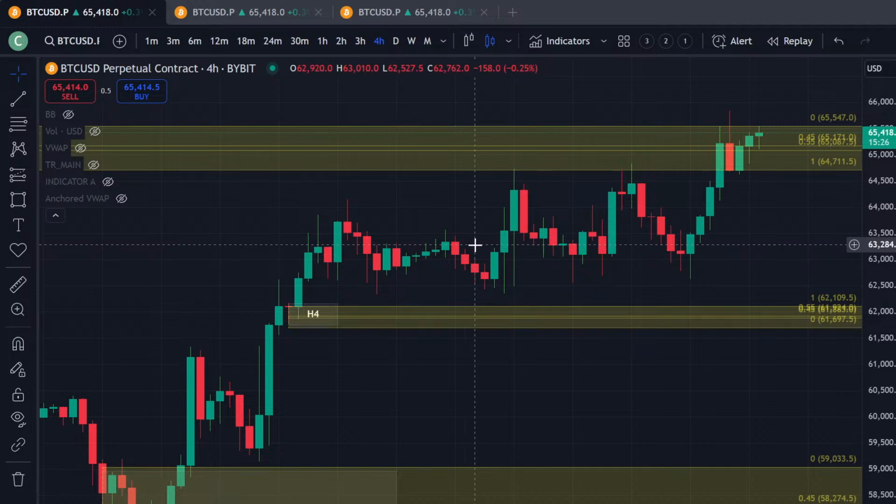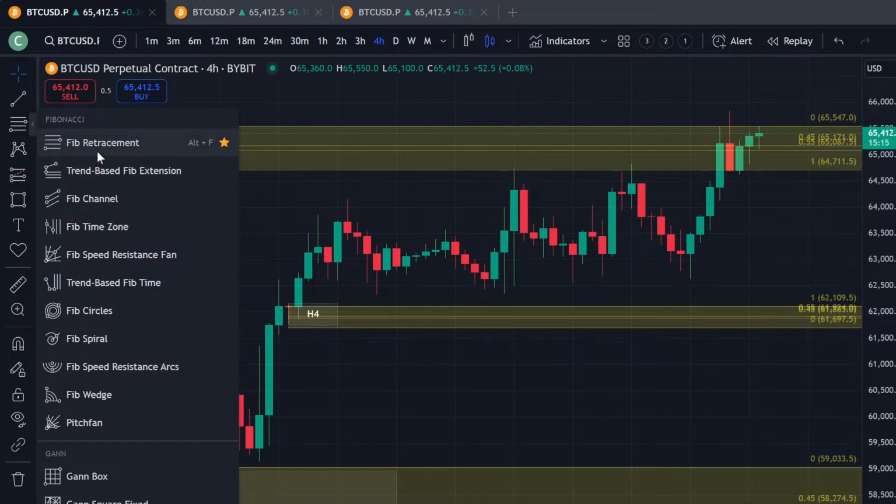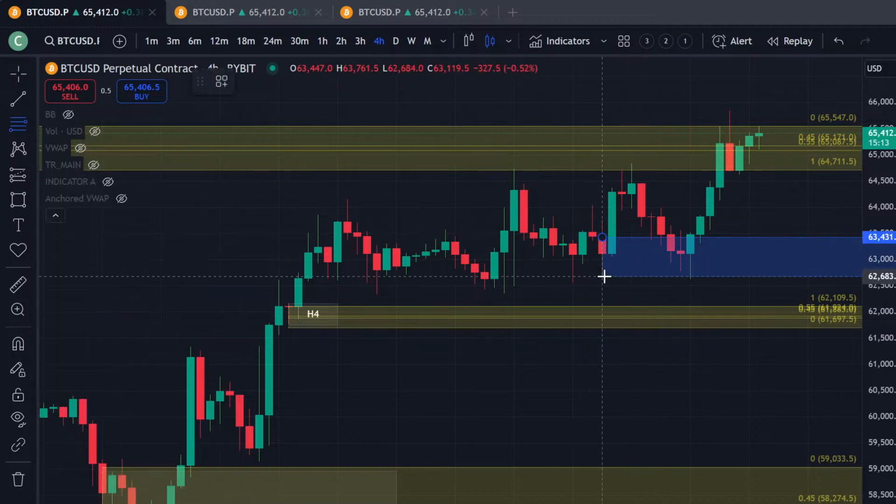We can say that we broke structure here, so this could be an order block. I'm not mapping that out locally, but look at this. This could be an order block right here, because we broke structure, but this is like minor structure over here. It broke structure and went down to the order block.